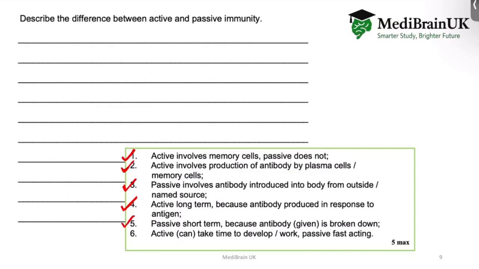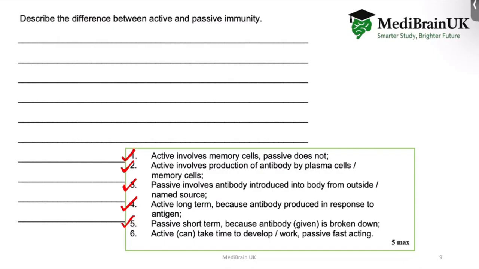The reason why is because the antibody is broken down. If the antibody has been introduced, the antibody will have its effect and then it will break down after its effect. So long term immunity is not being formed. And then active immunity can take time to develop, whereas with passive immunity, it is fast acting. When you just pass the antibodies in, the antibodies can do their work and then be broken down.